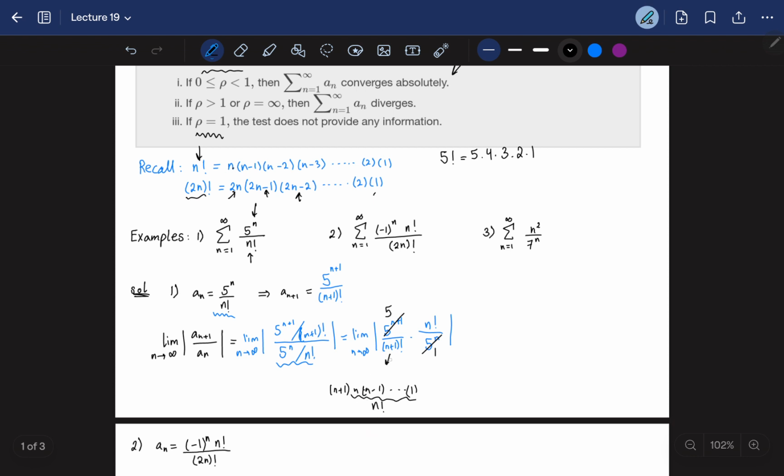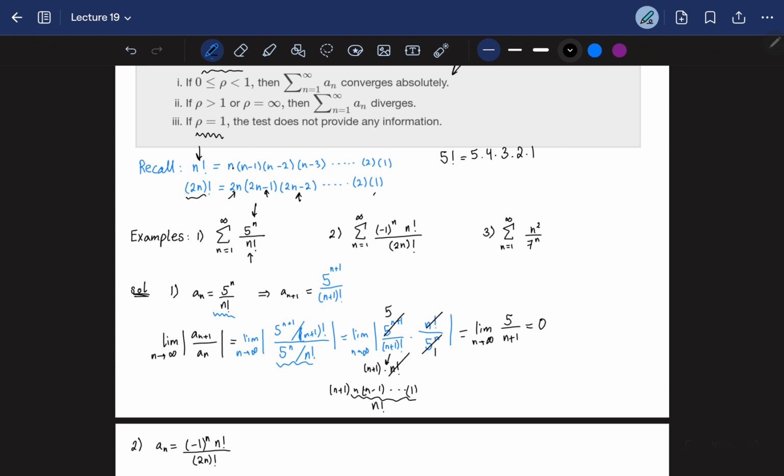So you can turn the (n plus 1) factorial into n plus 1 multiplied by n factorial. So I can cancel the n factorials and I only get n plus 1. Once we simplify, we have the limit of 5 over n plus 1 as n goes to infinity. And since n is positive, I don't have to put the absolute value there. Now if you solve the limit, this is just 0.